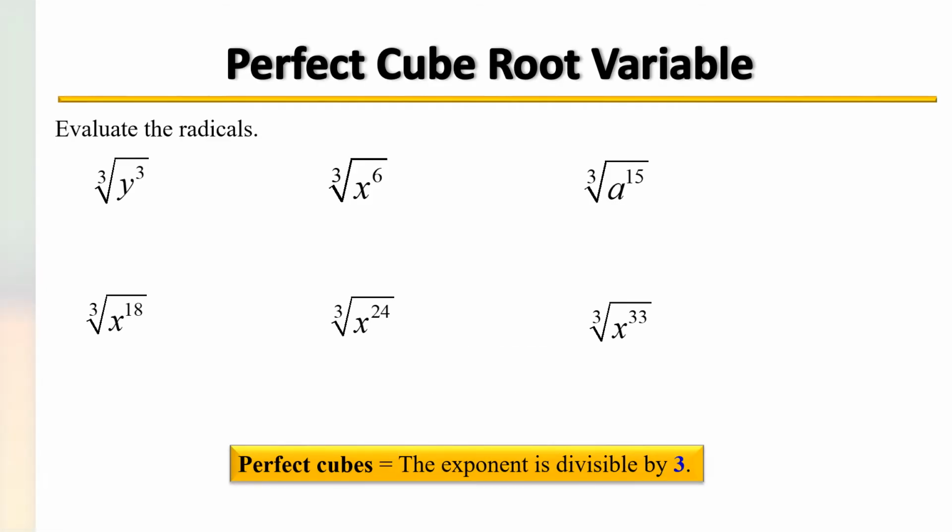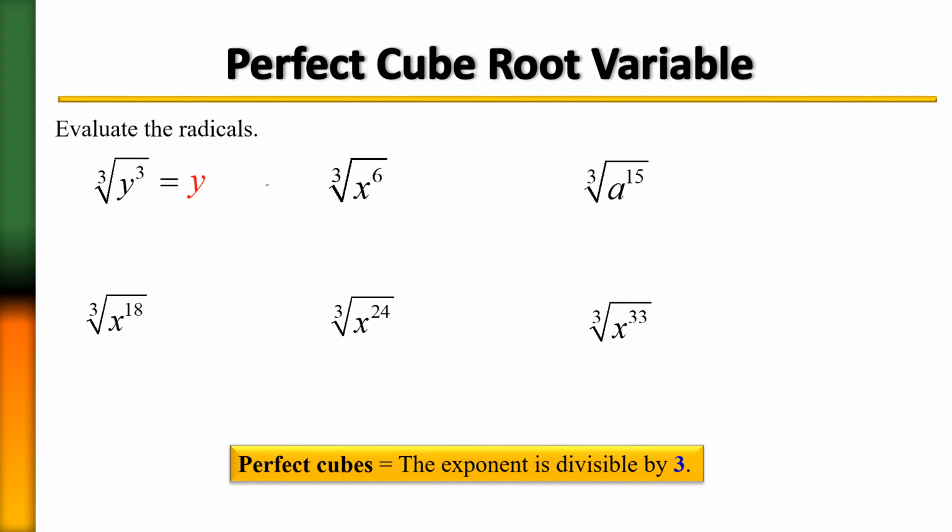So let's look at the first example. Notice that the exponent of the variable is a number that is divisible by its index, so therefore this is a perfect cube root variable. So what is the cube root of y to the third power? All you have to do is divide it. 3 divided by 3 is 1, so therefore it equals y.